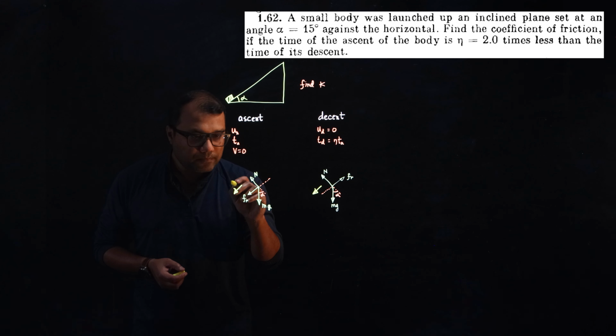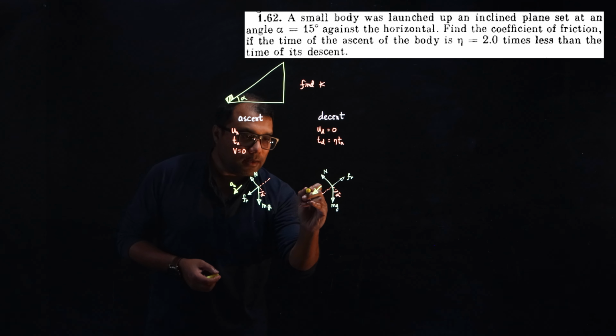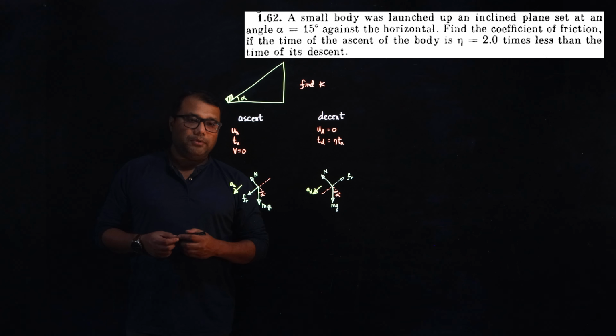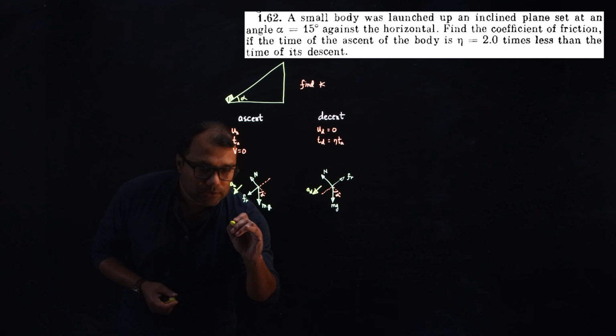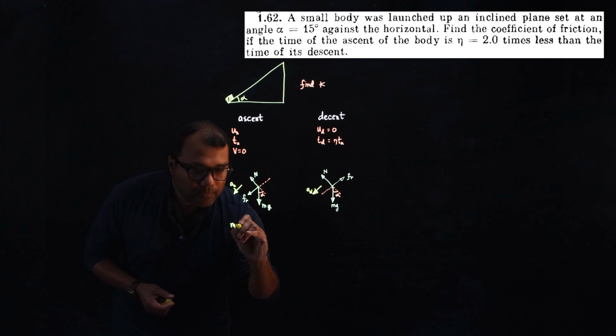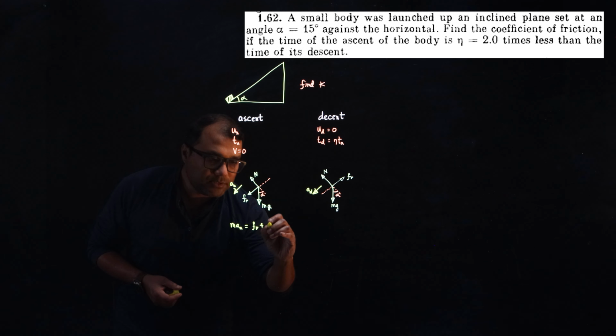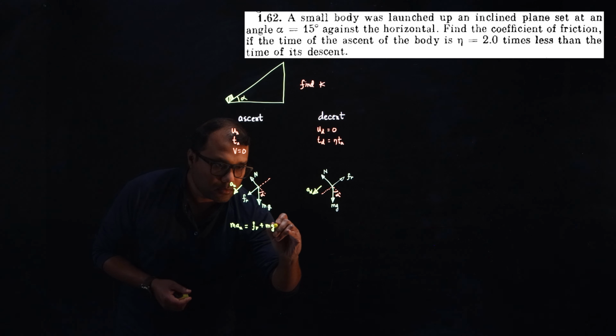So let's say this is AA for the ascent and this is AD for the acceleration during the descent, right? So what is MAA? It is Fr plus mg sine alpha.